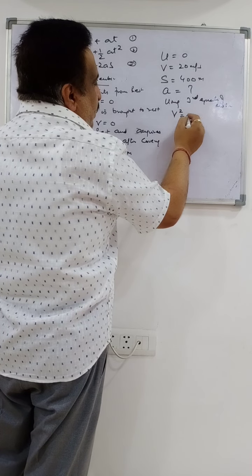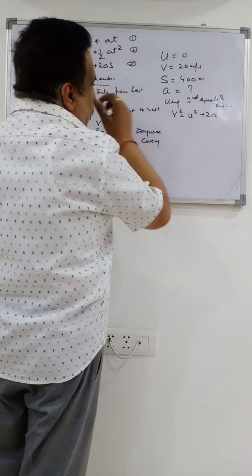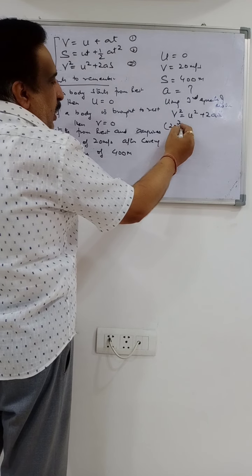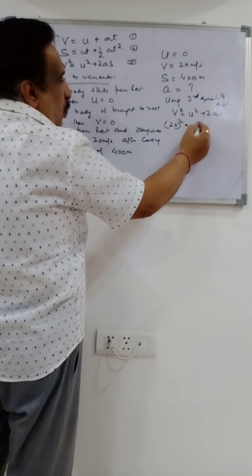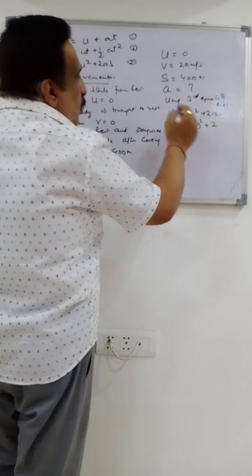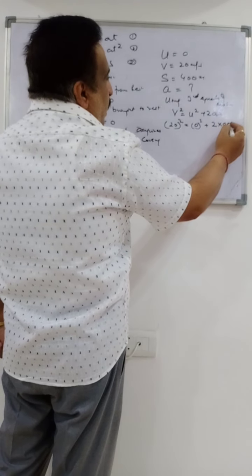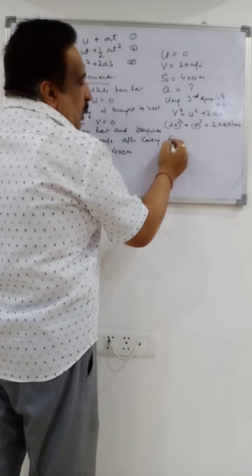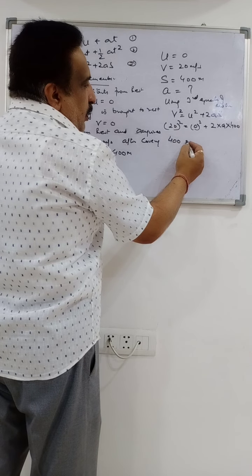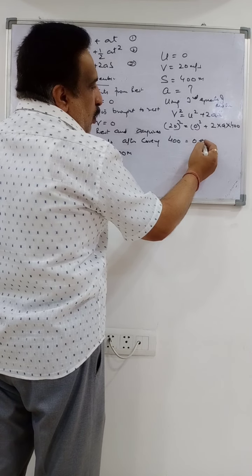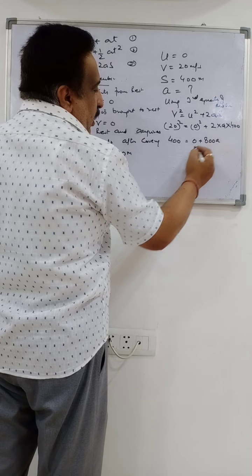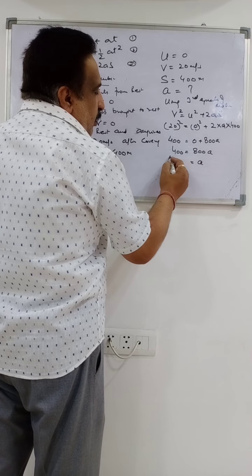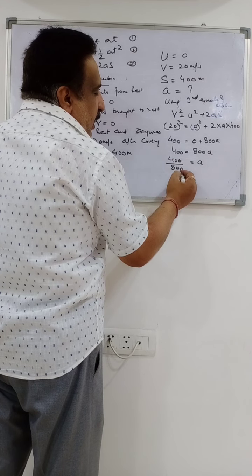Which is the third equation? V square is equal to u square plus 2as. What is v? 20. That means square of 20. What is u? Square of 0 plus 2 into a, which you have to find, into distance 400. 20 square is 400, equal to 0 plus 800a. So 400 is equal to 800a and a is equal to 400 by 800.